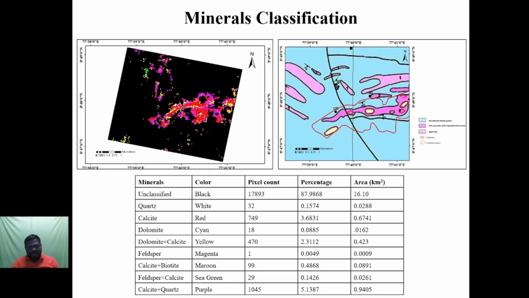Finally, we can identify the purest form of mineral classification, because in the traditional approach they give the limestone, they give the biotite, that information only. They are not doing the purity, the purest form. So this is our ultimate aim, to do the extraction in a precise manner. It will be useful to reduce pollution, and it will reduce the waste generation in your study area. That's it. Thank you.